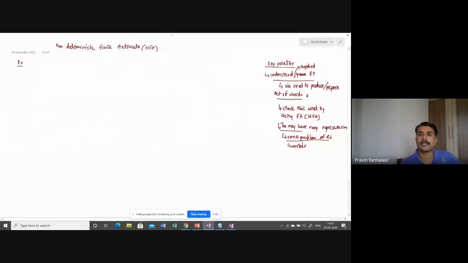So the key pointer, this is the first point: you need to understand the supplied RE, and produce or prepare the set of words. Why? Because you can check the words by using NFA, and you may have many representations.